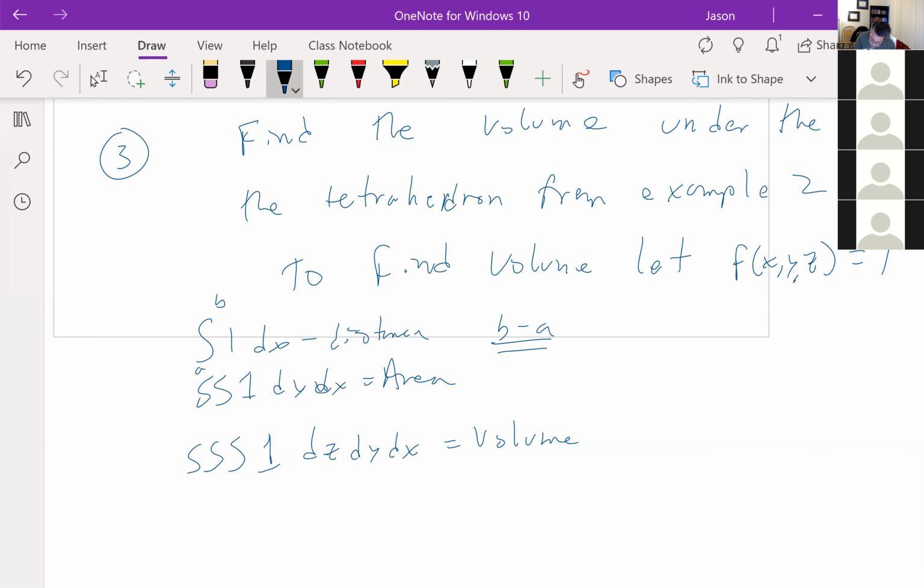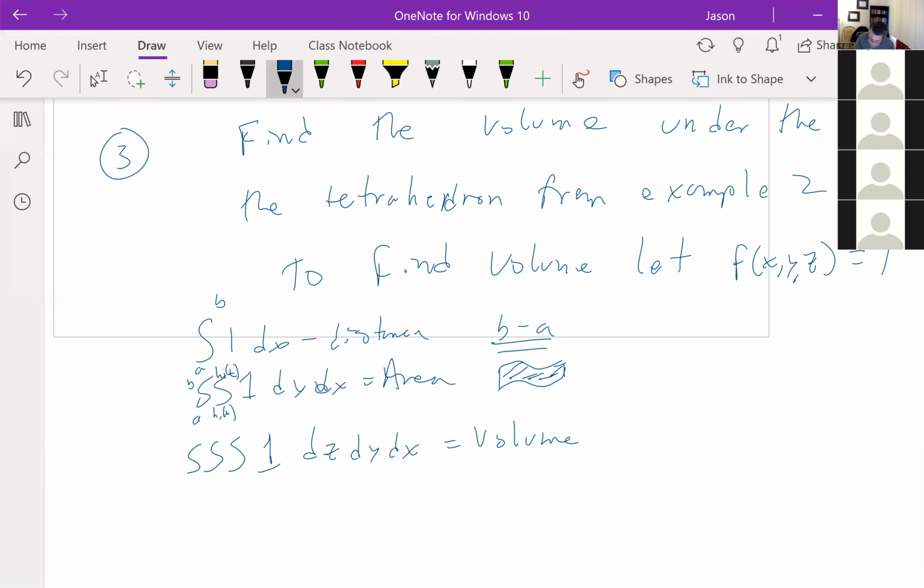Well, the area is whatever your area is on this region, going from, say, h1 of x to h2 of x, and then x goes from a to b. So that'll find our area.